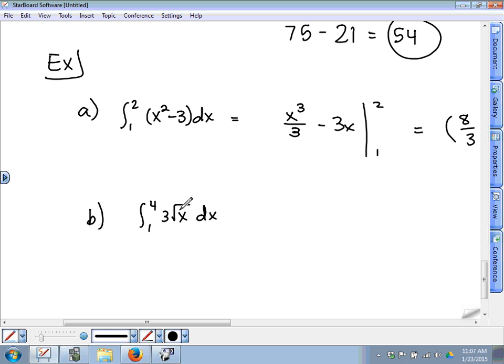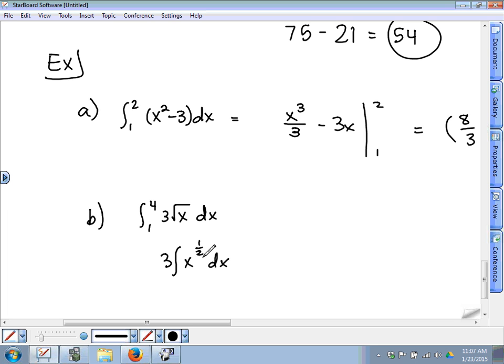Maybe a bit trickier with the square root. Change it to that. I did 3x to the 1/2 dx. Okay. Remember, you can take the constants out.